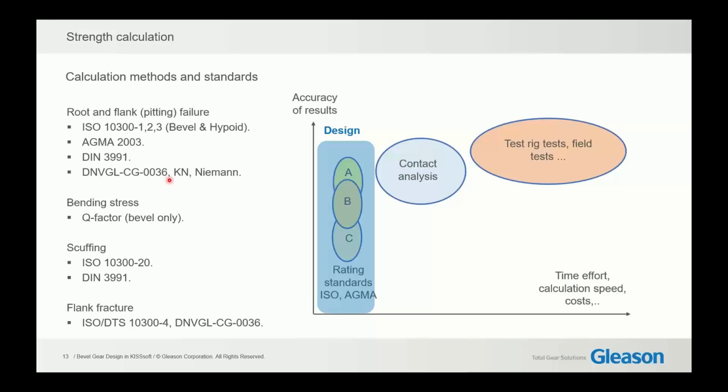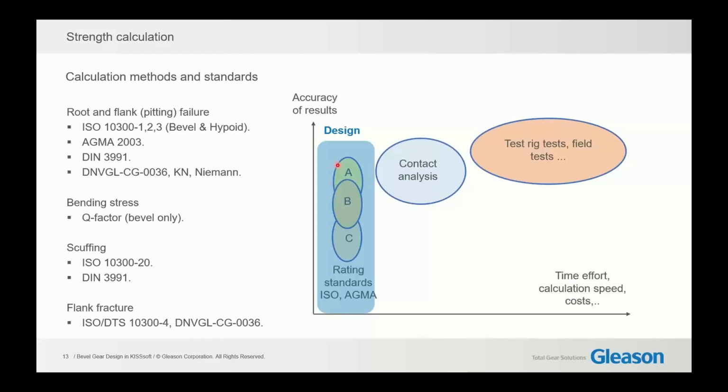We recommend using rating standards for the design. Why? The rating standards are very quick, so they allow a variation of the macrogeometry in a very short time to make sure the base properties of the bevel gear are ideal.